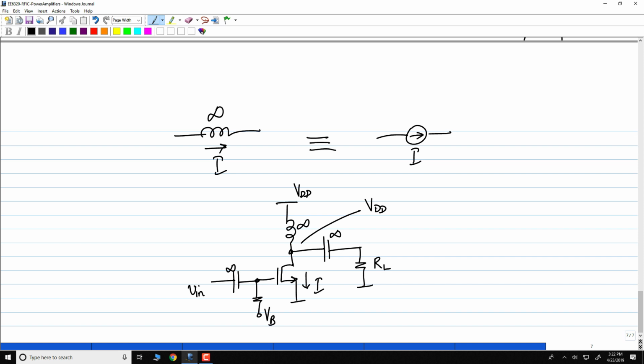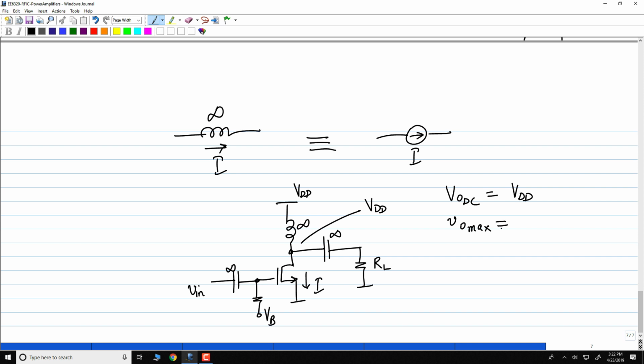Okay, what is the maximum swing of this circuit? So it depends on VB. It is VB minus VT, and what is that? That is the VD sat of M1. Okay, so if you start swinging, is there any swing limitation on the upper side?